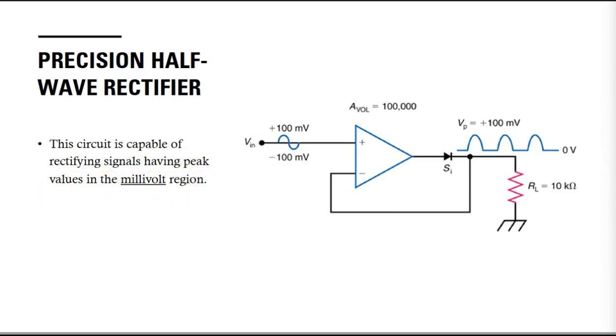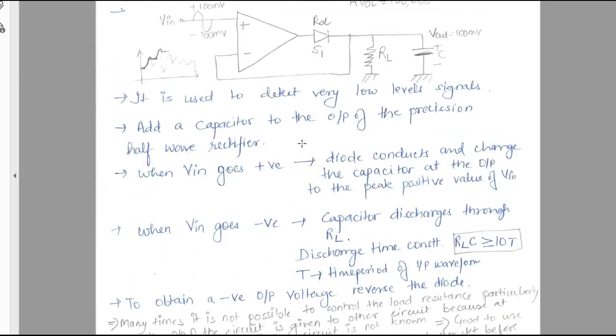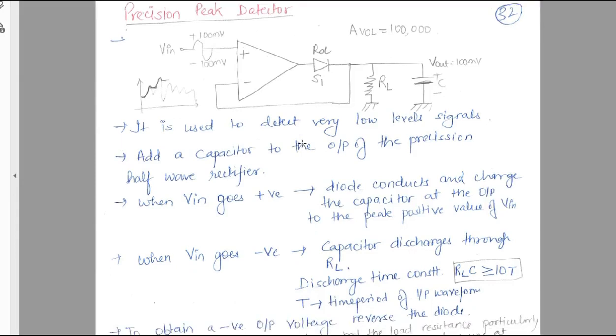Now I'm going to show you another circuit which utilizes a capacitor connected across this load resistance. Here you can see the precision peak detector circuit, and you have some input voltage going in here, the same diode and the load resistance, and then this capacitor over here.